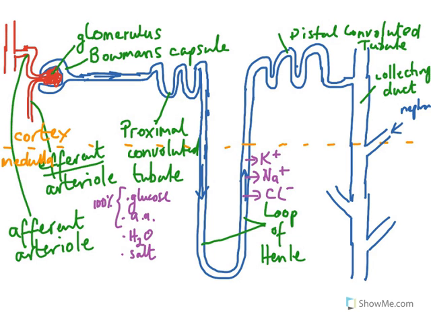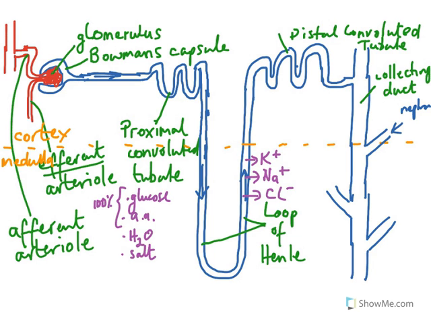To some extent it's been fine-tuned at the distal convoluted tubule, which we talked about here. That's the distal convoluted tubule. But at the collecting duct level, the permeability of the walls of the collecting duct is also influenced by the hormone ADH.